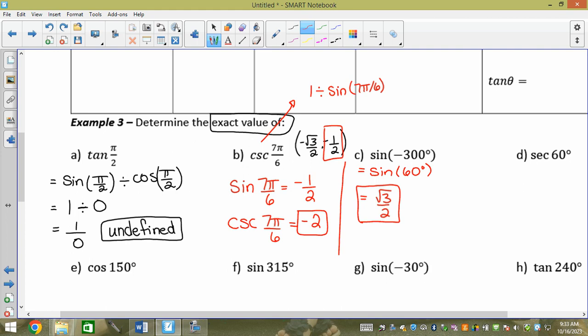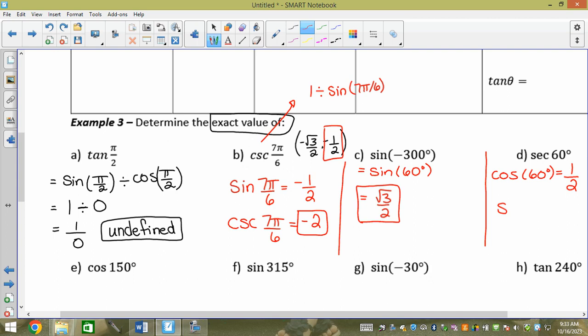Okay, secant is 60. What do I need if I'm doing secant? I need cos of 60, right? What is cos at 60? I basically have it written. 1/2.